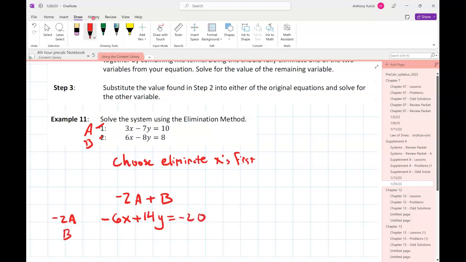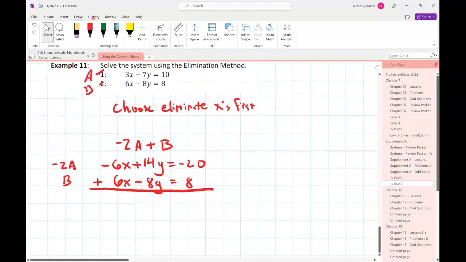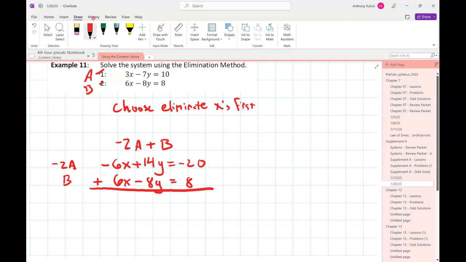And then equation B is 6x minus 8y equals 8. And now I'm just going to add down. So -6x plus 6x is 0, which is what I need to have happen.